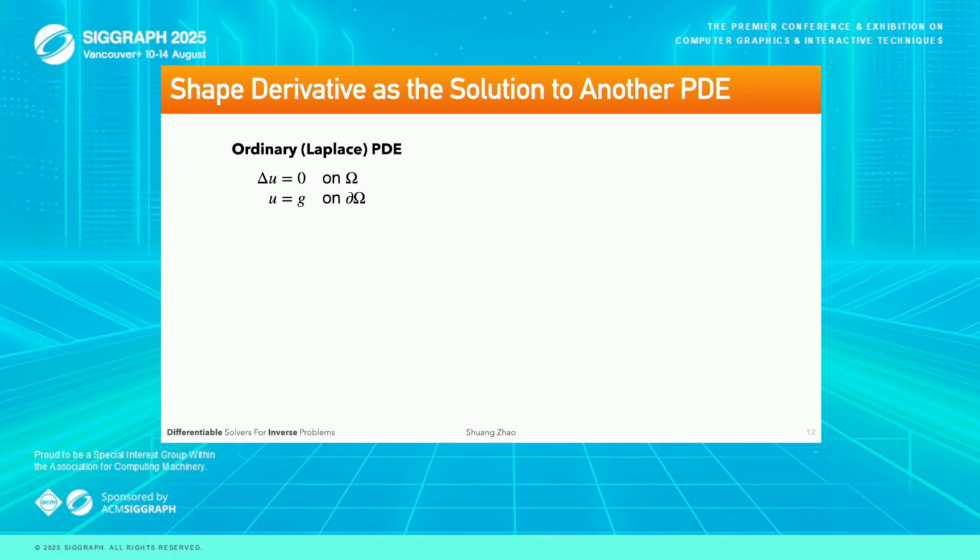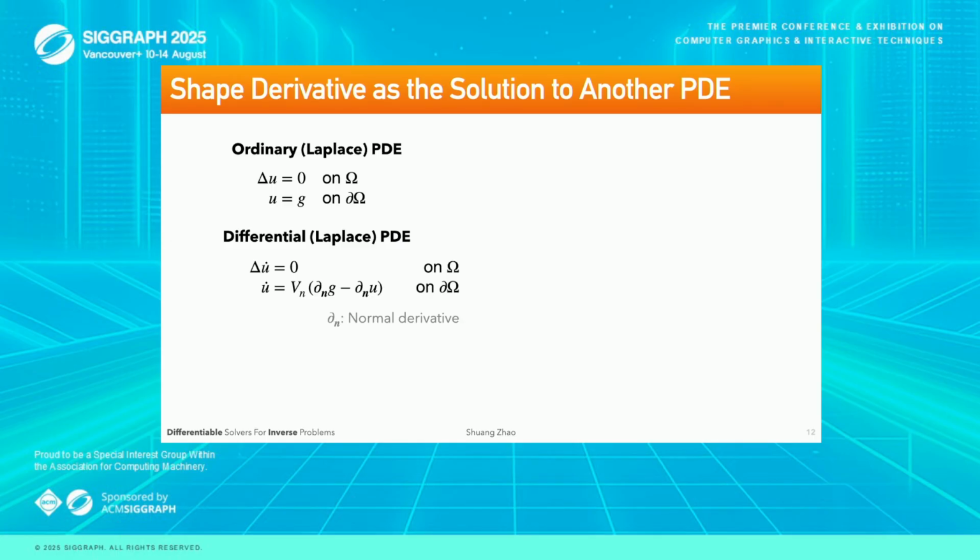So now let's look at a simpler case where we handle a Laplace's equation. The Poisson equation can be handled in a similar fashion, but here, to keep things simpler, I'll focus on the Laplace equation. So again, we take the ordinary Laplace equation, and it can be shown that if we differentiate with respect to the shape of the domain, the differential PDE looks like this.